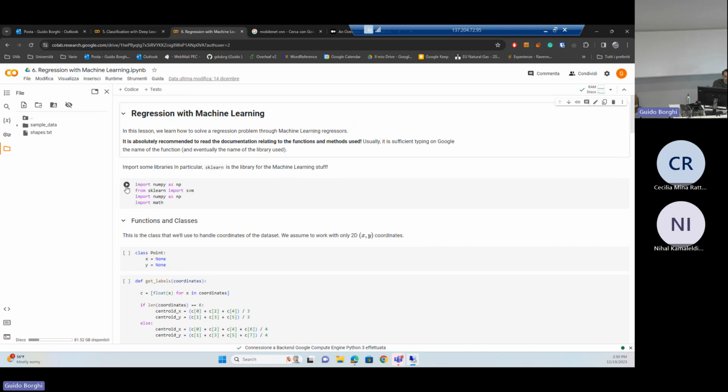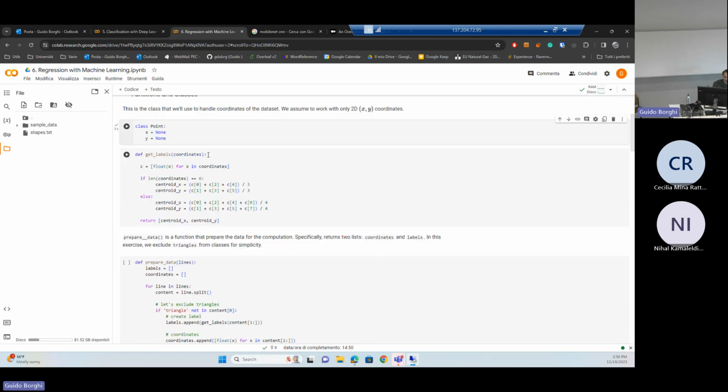As a first step, we can import the scikit-learn library, of course, since we are in the realm of machine learning. We have the class Point. I'm not sure that we are going to use this class, so it's not so important. Here we have a method, getLabels, that creates the ground truth annotation.